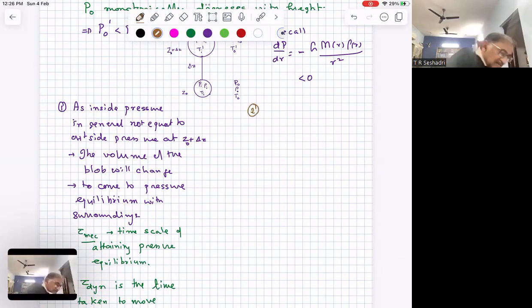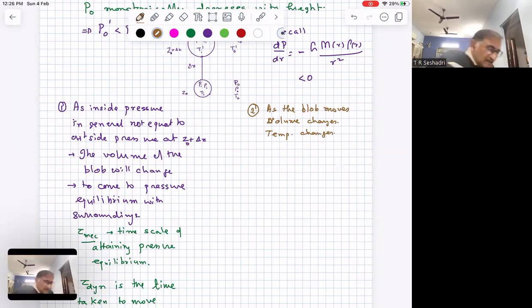Okay. As the blob moves, volume changes, and in general, temperature changes.